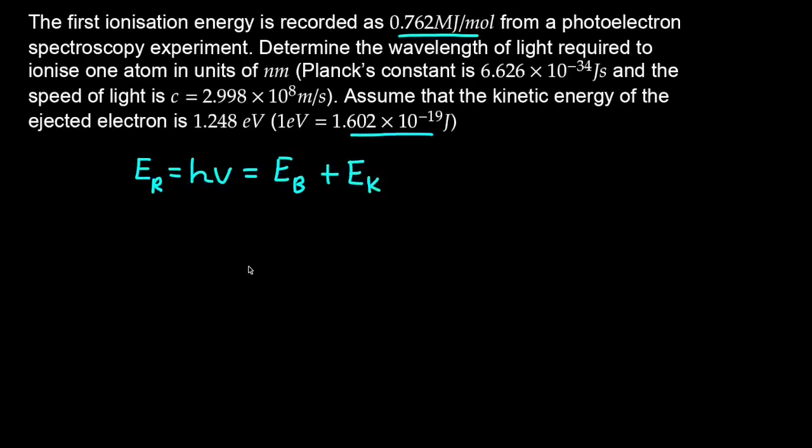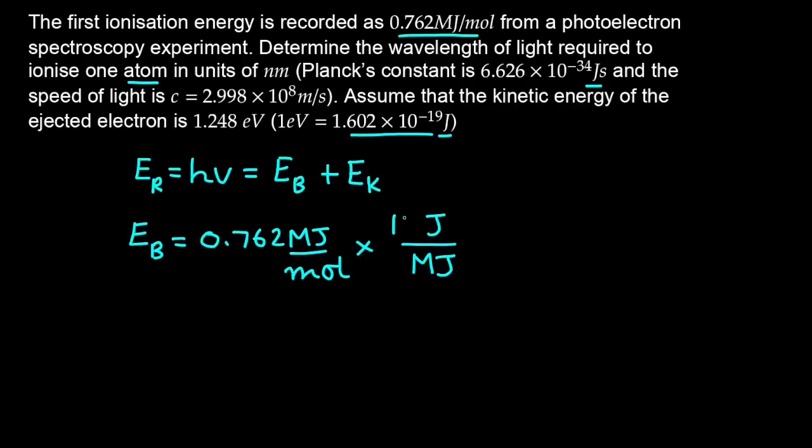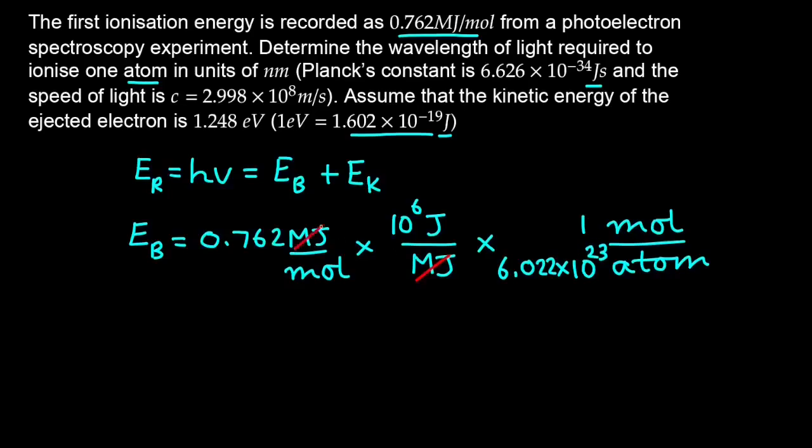Now the binding energy is given in megajoules per mole. So we need to convert it in units of joules per atom. So we get this in units of joules per atom.